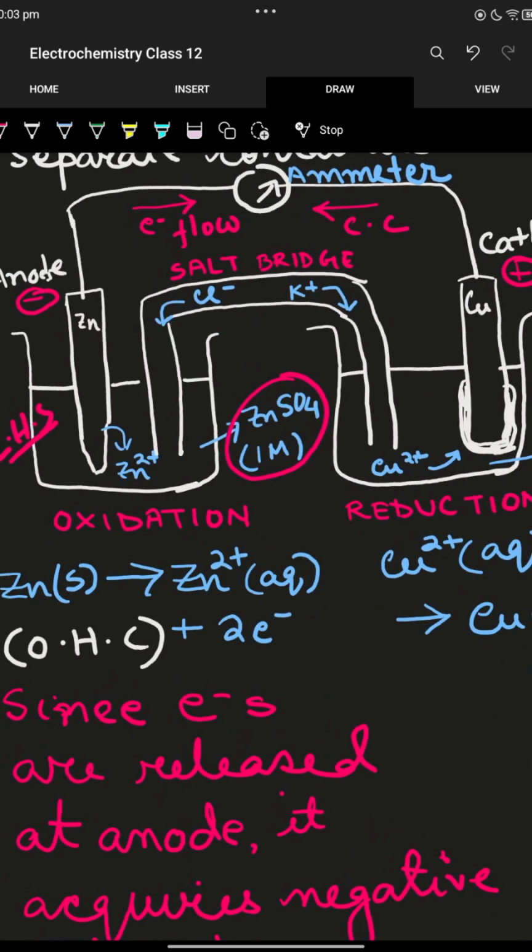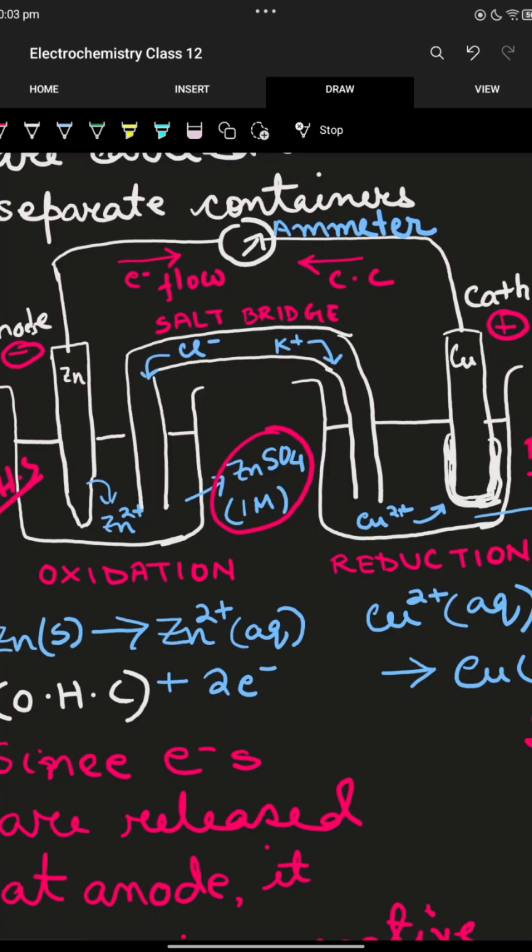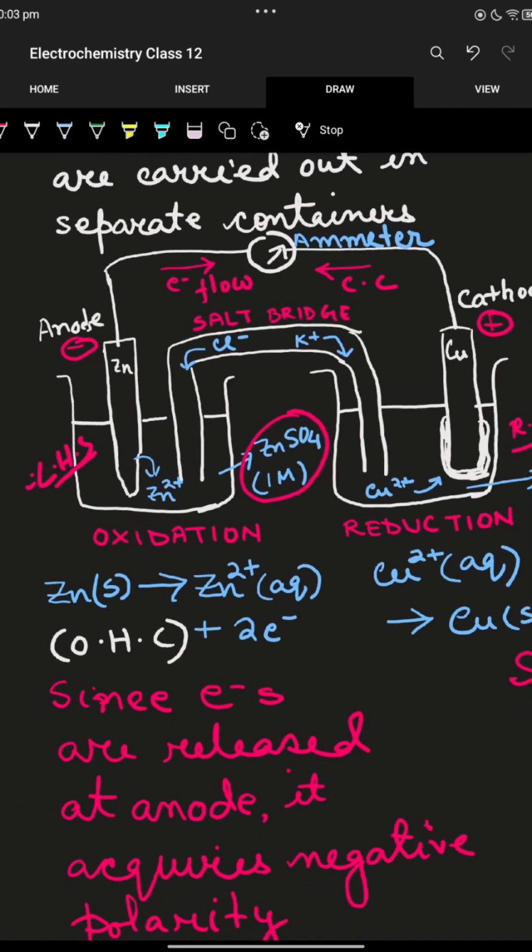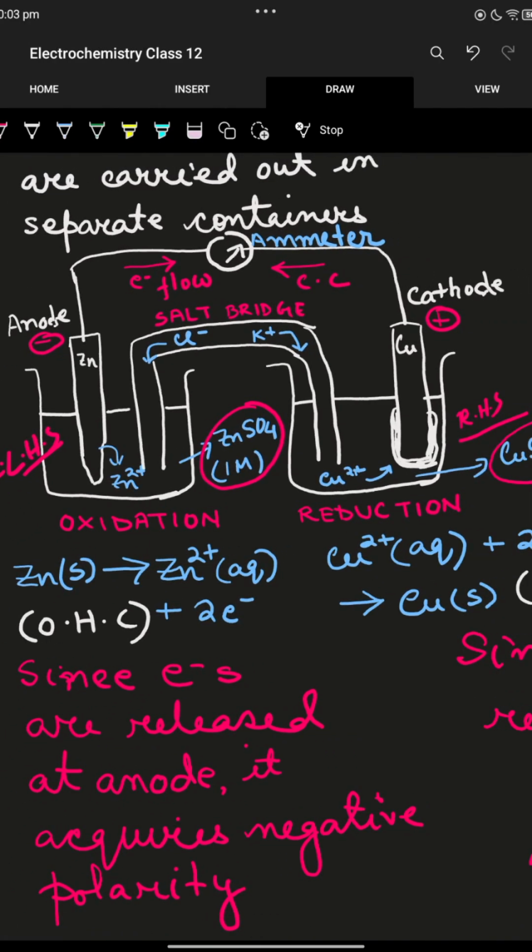Now here the two chambers are connected by a U-shaped glass tube which is known as a salt bridge. Now I have written K plus Cl minus because I have assumed that I am using KCl.